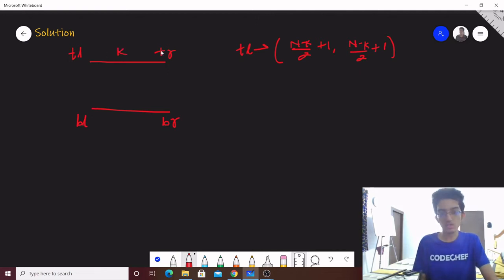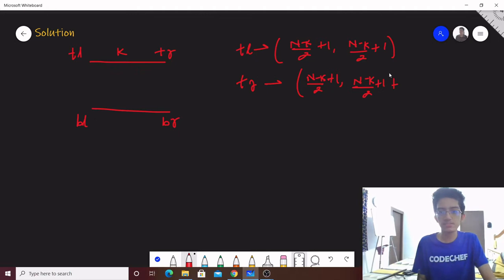And for the top right, we just need to add this k in the second argument. So for top right, this will become n minus k by 2 plus 1 comma n minus k by 2 plus 1 plus, what is this length?